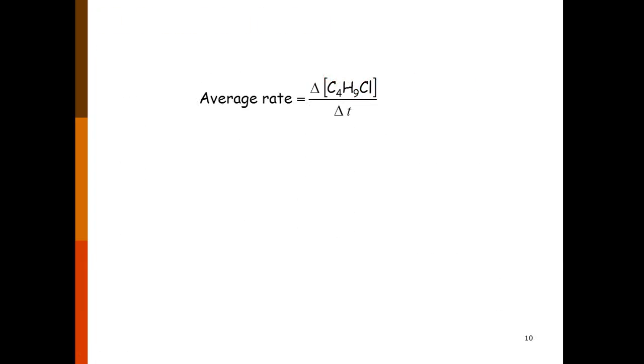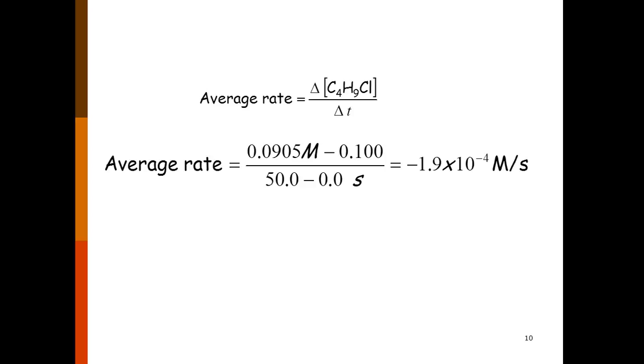In order for us to calculate the average rate, we need to observe the change in the concentration, in this case of our C4H9Cl, over time. So we subtract the concentrations, and then we subtract the time, and it gives us an average rate of 1.9 times 10 to the negative 4 molar per second. The sign is negative because the compound is disappearing.